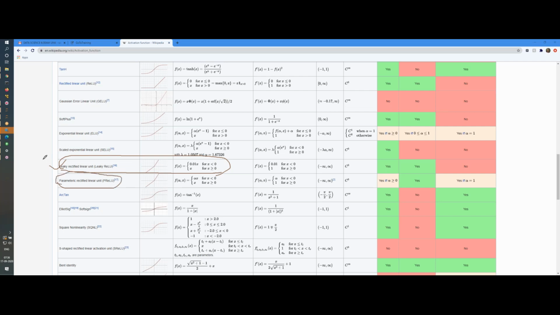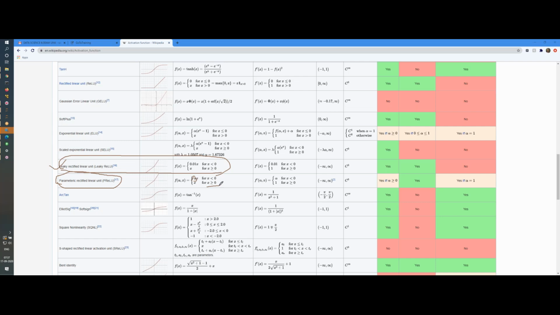Remember all of this. I will be using it in the coding. And what is parametric rectifier linear unit? What it will do is alpha x. This is alpha x, there is a constant value. So everything is the same if it is positive or 0. ReLU, Leaky ReLU, parametric rectifier linear unit, all are the same if it is positive. If x is negative, ReLU is predicting 0.